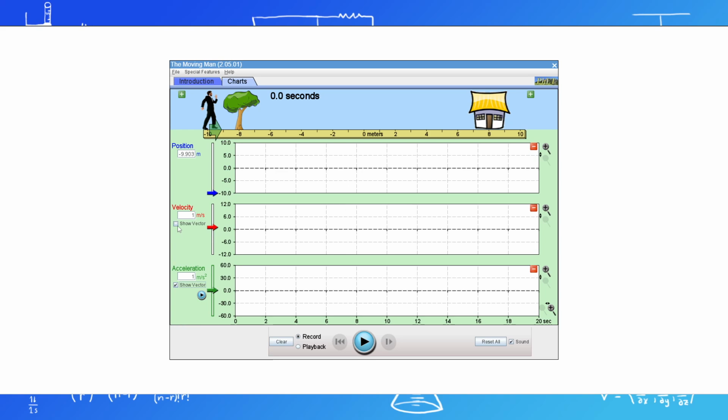And let's show both of those vectors. If your acceleration is in the same direction as your velocity, the only thing that can happen is there is no change in direction, because the acceleration is just adding more rightness to a velocity that's already to the right. So the only thing that can happen is a change in magnitude, and it's always an increase in magnitude.